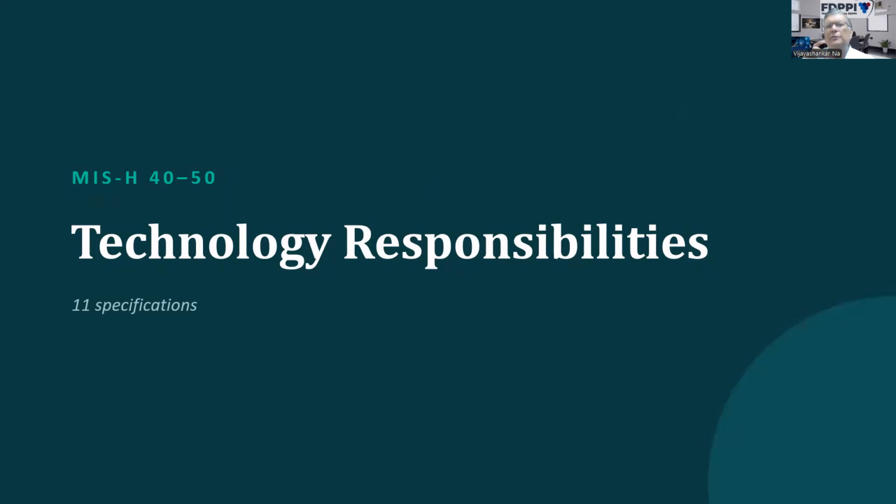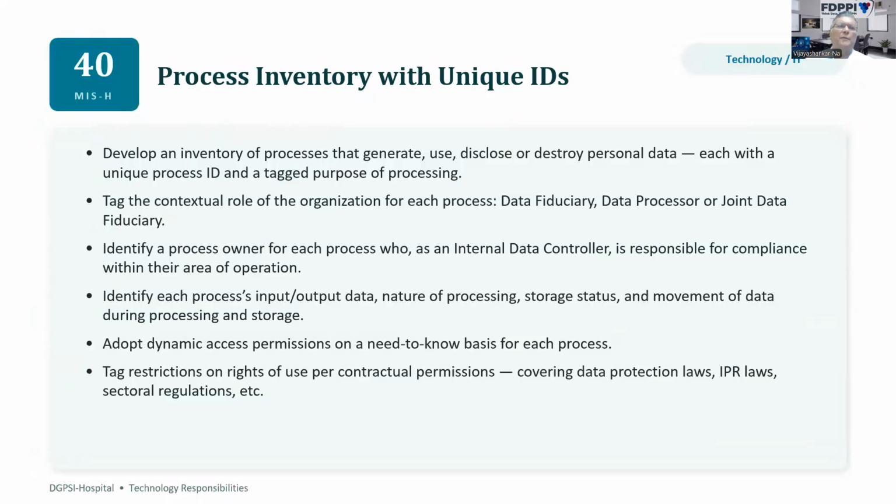Lastly, we have 10 specifications assigned to the technology department, which of course is quite familiar to most of you. The first thing is the process inventory to be created with unique IDs. We have already discussed the process inventory during the management responsibilities.